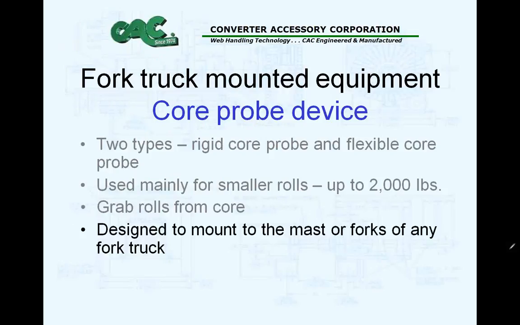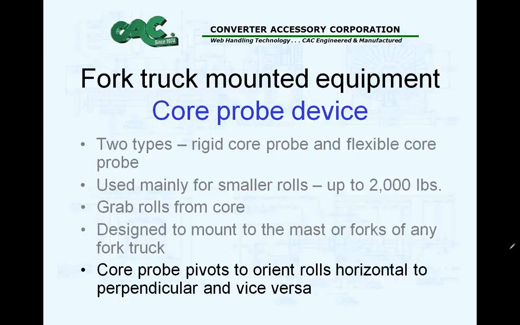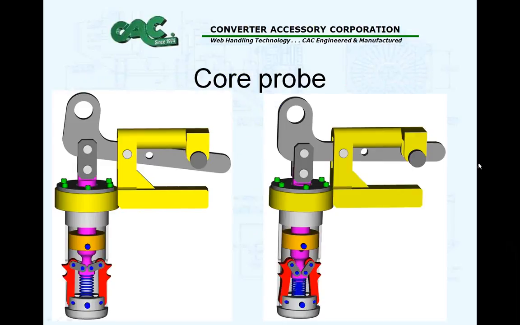These units are designed to mount to the mast or the forks of a fork truck. There are a couple of different designs, and I'm going to show you both. The probe pivots 90 degrees to give you horizontal to perpendicular positioning, and vice versa.